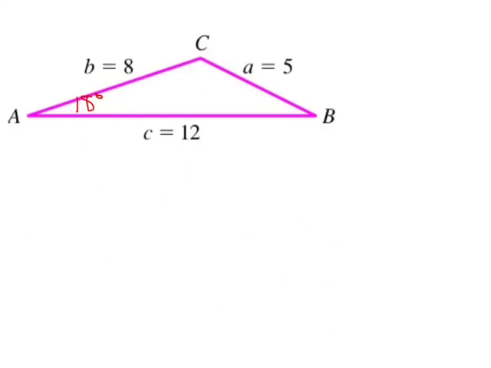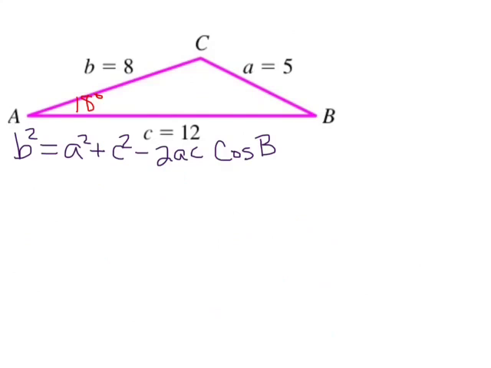In particular, the one that states b squared equals a squared plus c squared minus 2ac cosine of B. Again, I'm going to manipulate this and refer back to earlier in the video how I manipulated this. So I'm just going to write this out for you to speed things up.